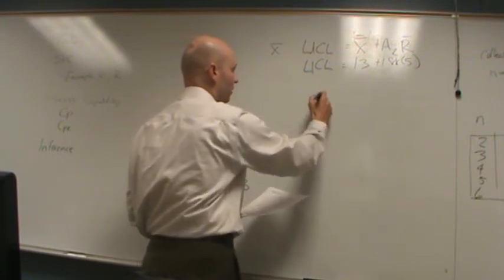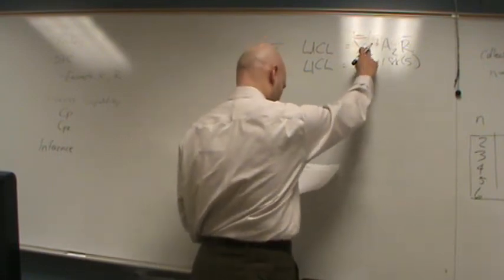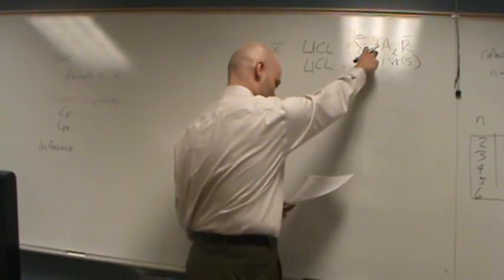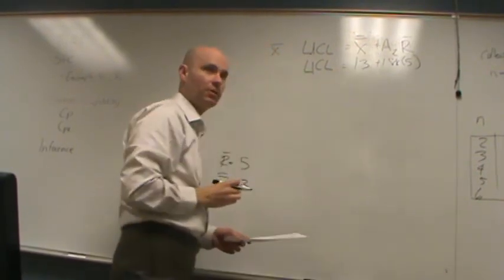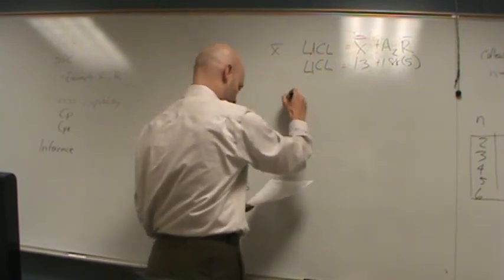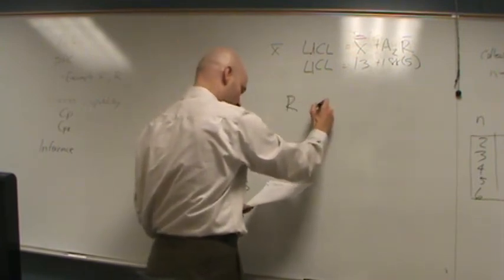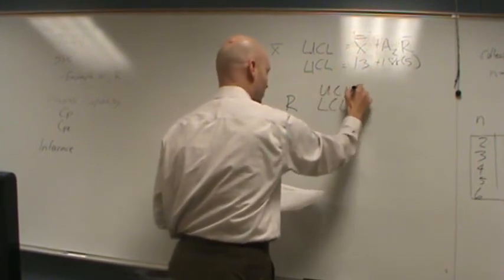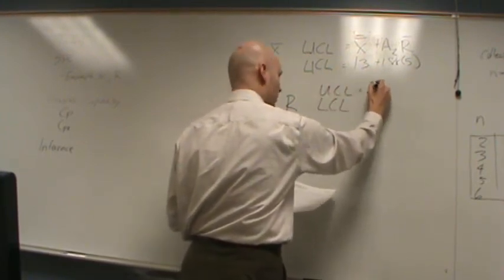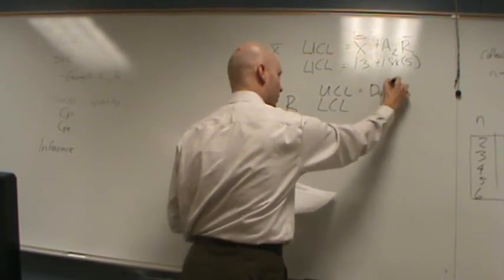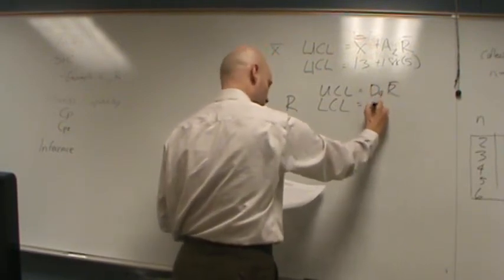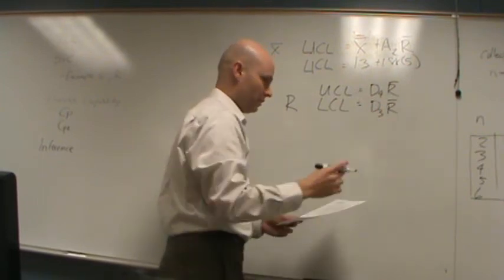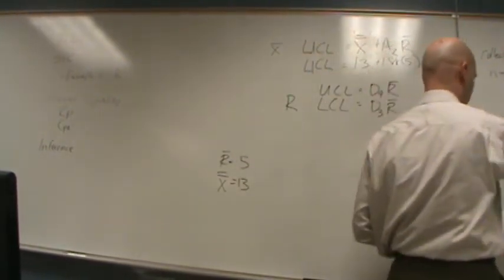Then your lower control limit is X, the grand average, minus A2 times that. Your R chart is going to have lower and upper control limits as well. That is D4 times your average, and you're using this table once again.